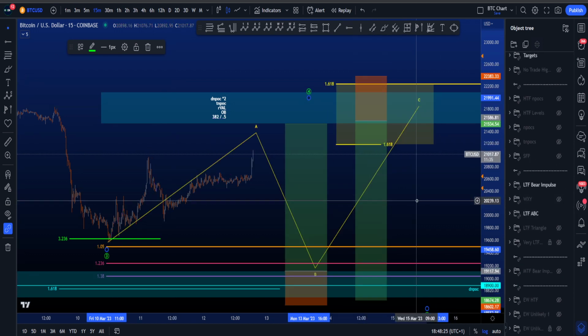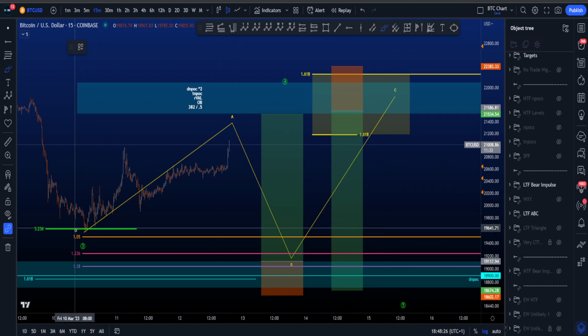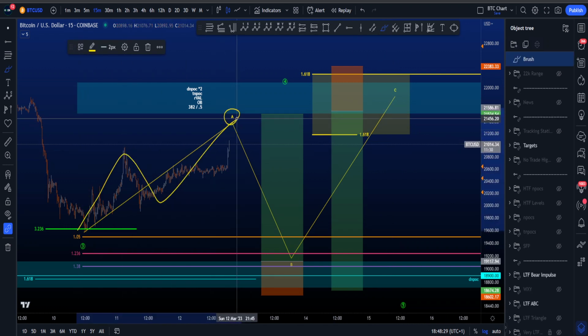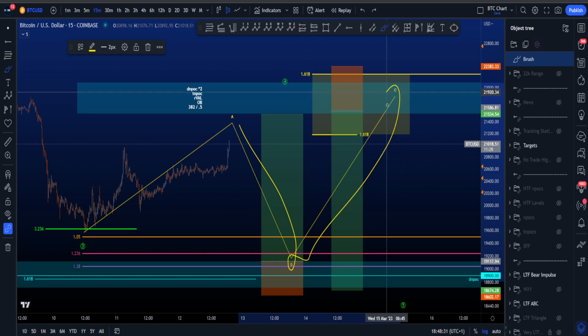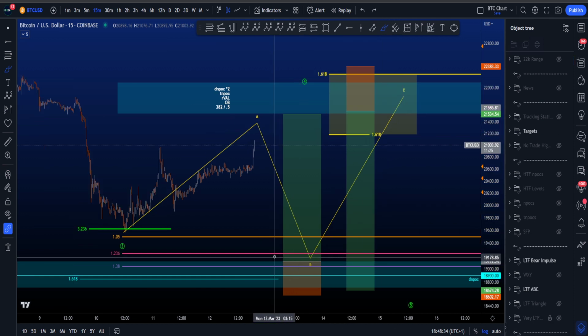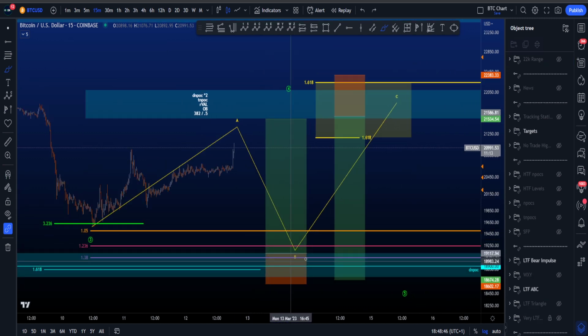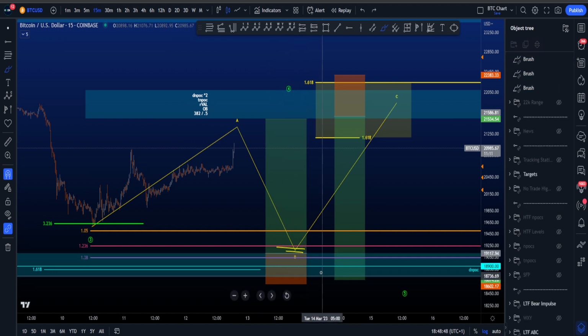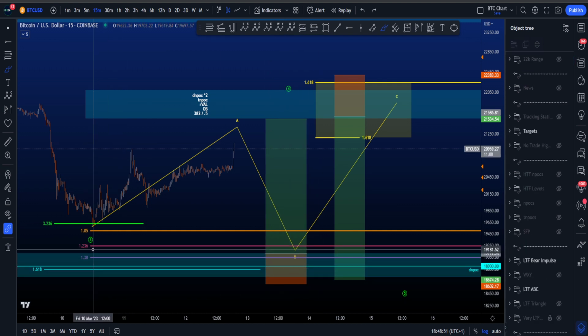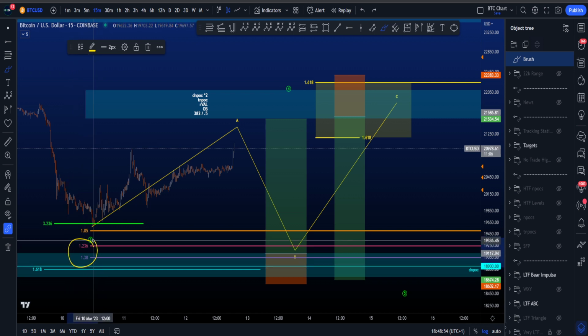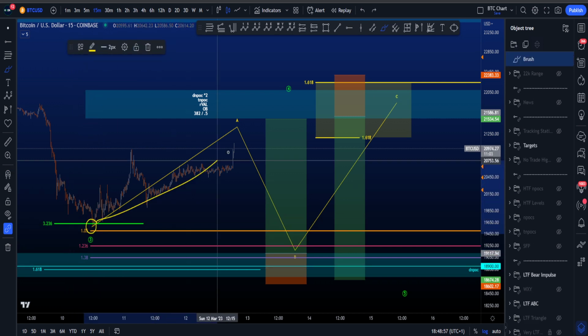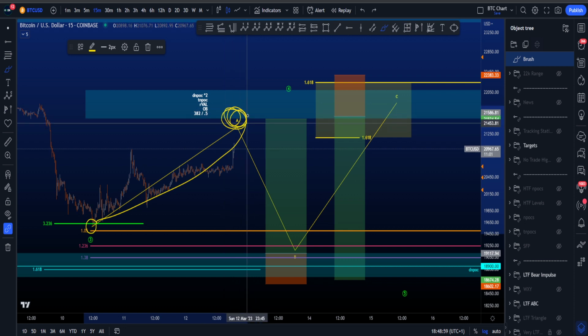The second scenario I like to show you here is an expanded flat scenario, where this is a 3-wave in the A, followed by the B, and then eventually the C, as I just mentioned. In this scenario, depending on where wave A will end, we get a clear target for a wave B, and therefore also a better idea of wave C. This wave B can be traded by entering potential long positions in the target area of a wave B, which is the 1.236 and the 1.38 Fibonacci taken from the low over here to wherever the high of A is going to be.